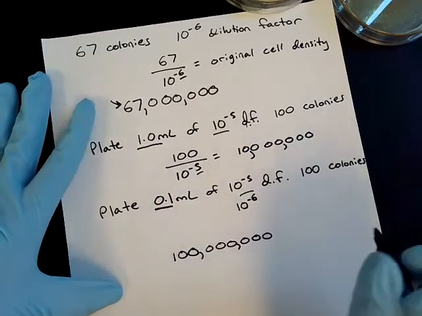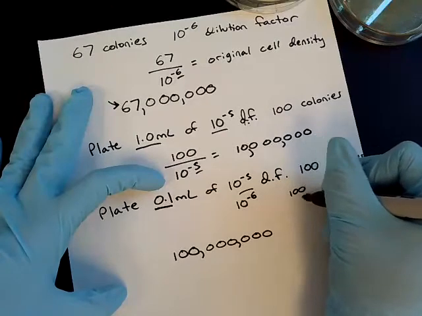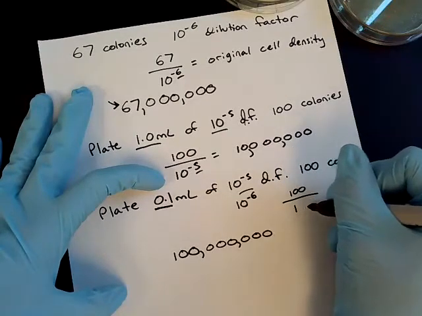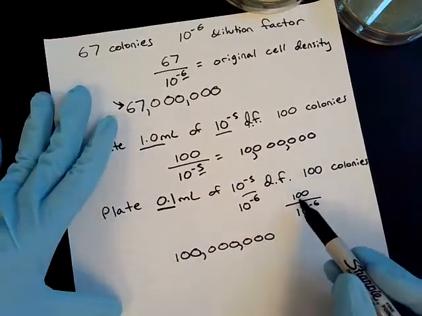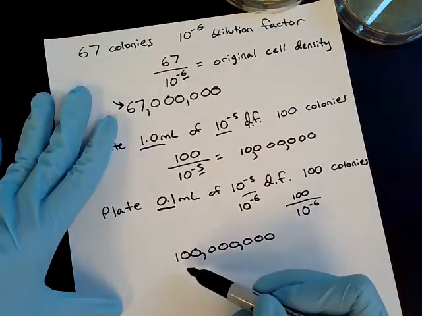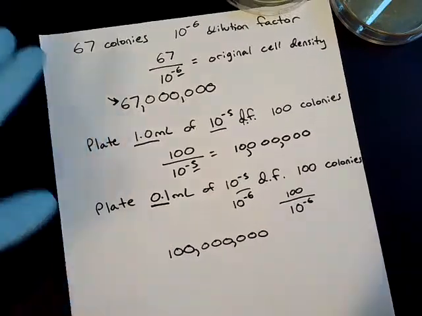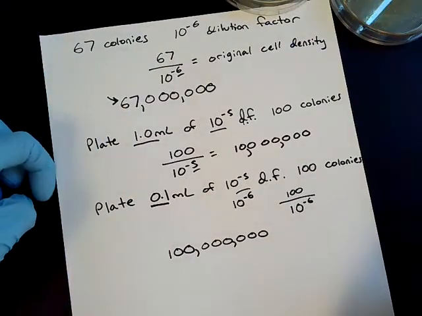The math is going to be identical, so we have 100 divided by, except the dilution factor we're going to use is 10 to the negative 6. Again, you can do this in your calculator just to confirm, but it's going to work out that that's how many zeros you add, and it makes it a lot easier to count the colonies.